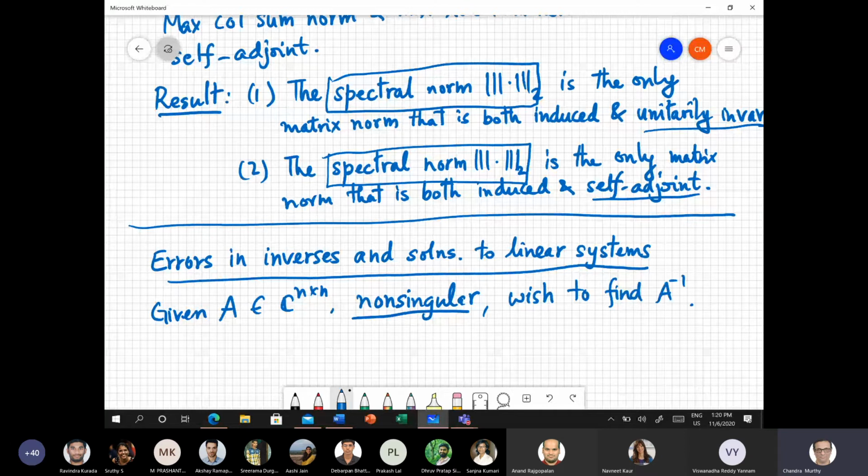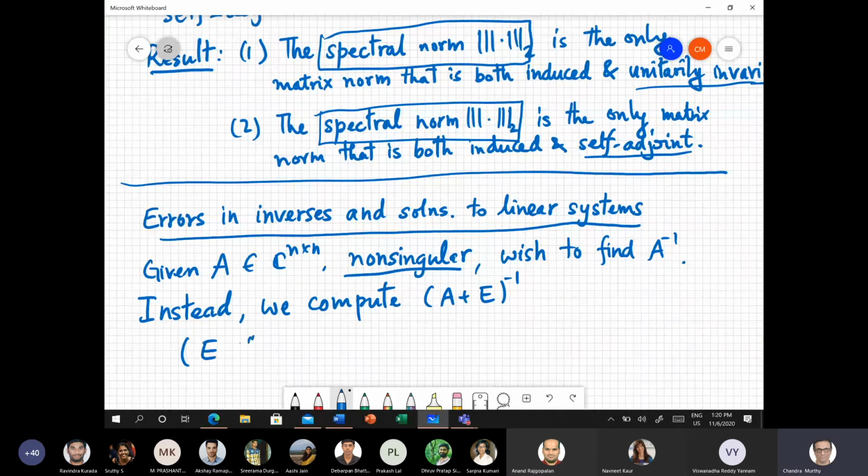So instead, we compute A plus E inverse, where E is an error matrix. So basically here E is small, such that A plus E is also invertible.